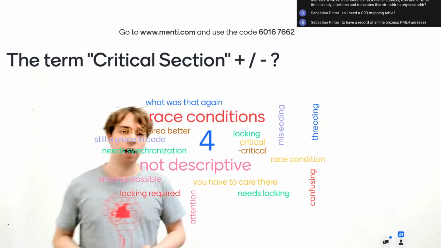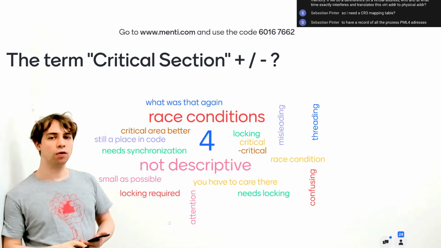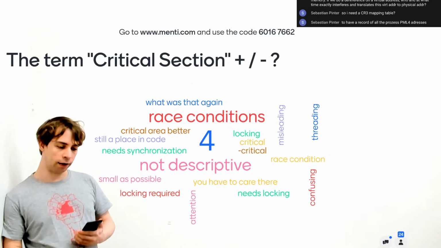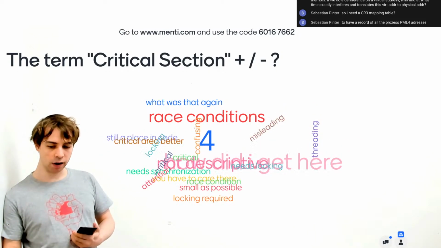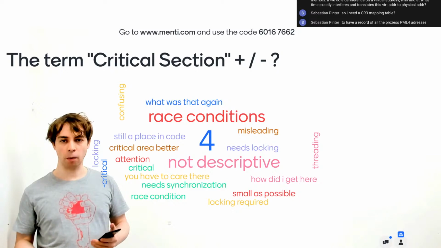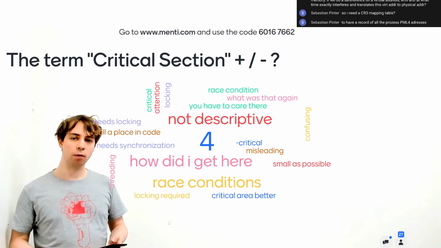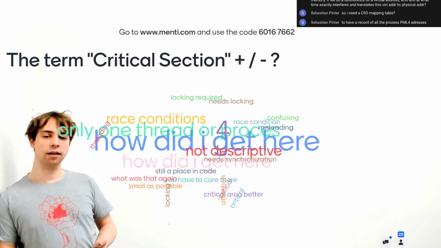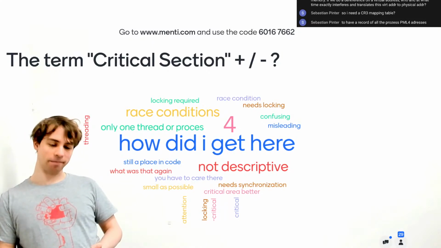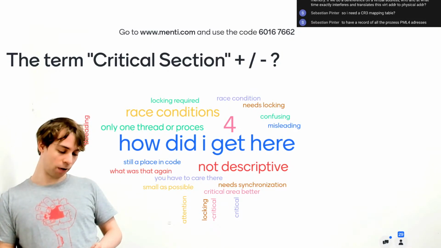So the thing is, I think critical section is a very good term if you want to talk to someone on a very high level, because everyone knows this term. The problem with this term is that it's not very descriptive.